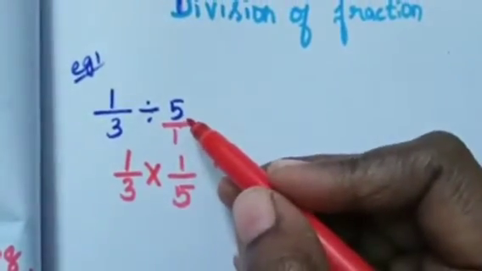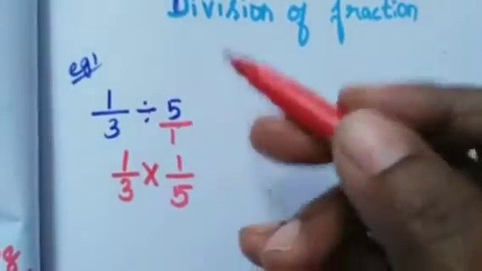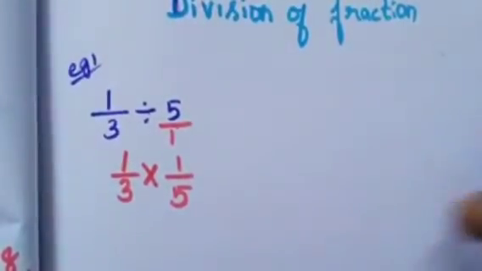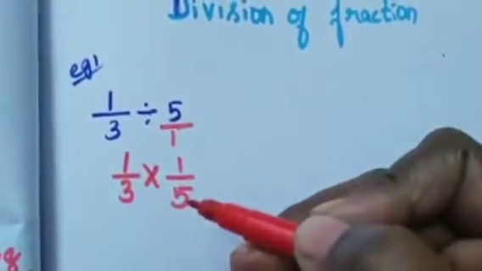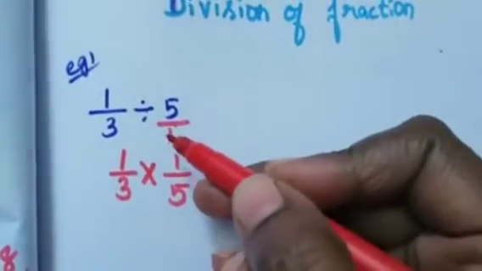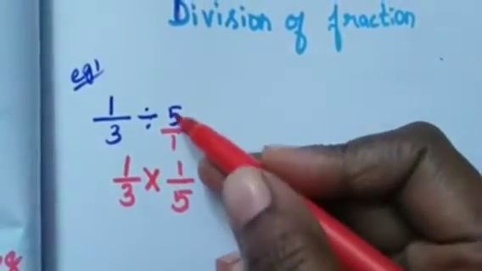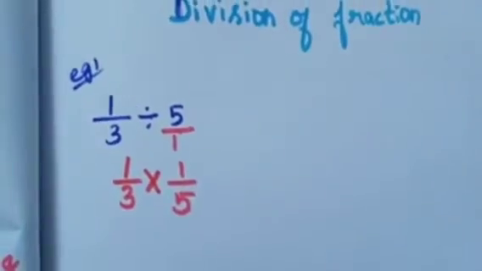When we write the multiplicative inverse, we write it upside down, so 1 as the numerator and 5 as the denominator.